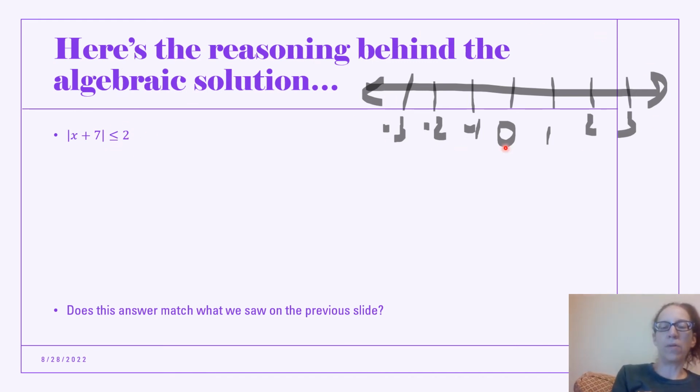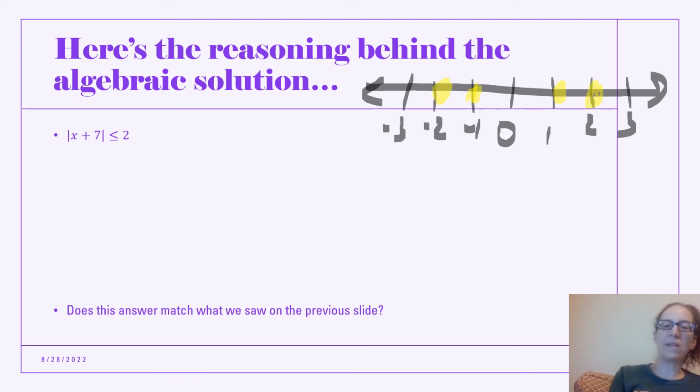Where on the number line would you see something where the distance from 0 is less than or equal to 2? Well, that number has a distance less than 2. So does this. It says less than or equal to 2. So that would work.